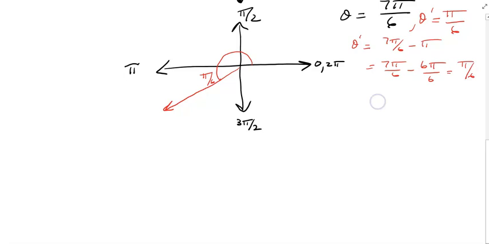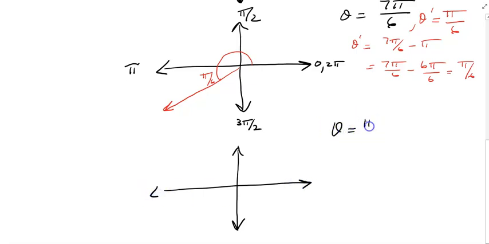Let's try another one. Let's look at one in quadrant 4. So now theta equals 11 pi over 12. No, not 11 pi over 12.